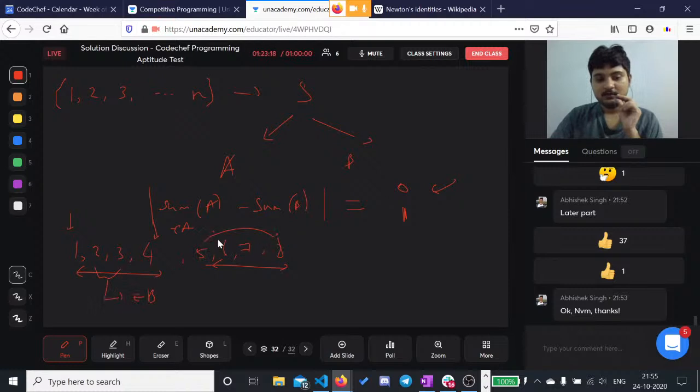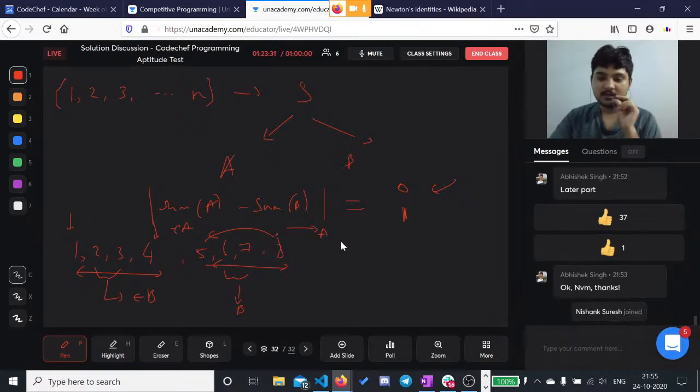Put this in A, put this in B. So in each case, 1 plus 4 equals 2 plus 3, 5 plus 8 equals 6 plus 7, and so on. So you can easily form pairs such that the sum of A and the sum of B are exactly the same.